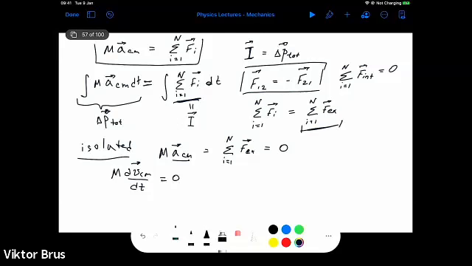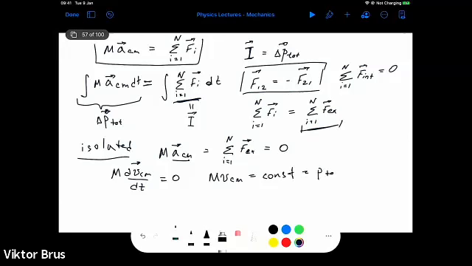And when the derivative of some function is equal to 0, this function does not depend on the independent variable over which we take the derivative. So it means that M v of the center of mass is equal to constant, and this is equal to some p total.